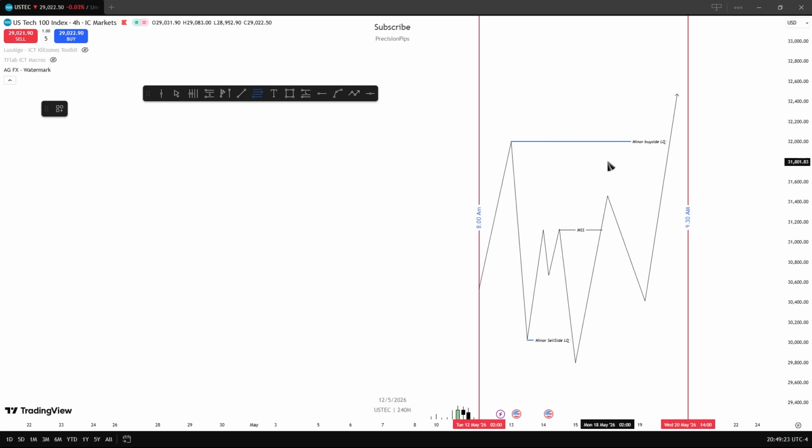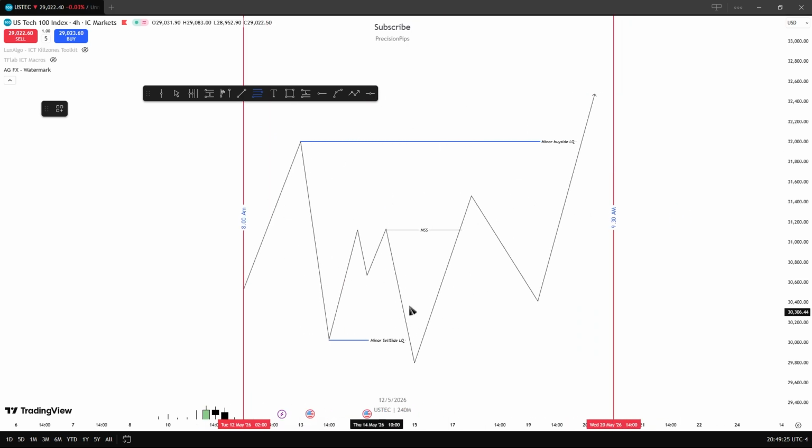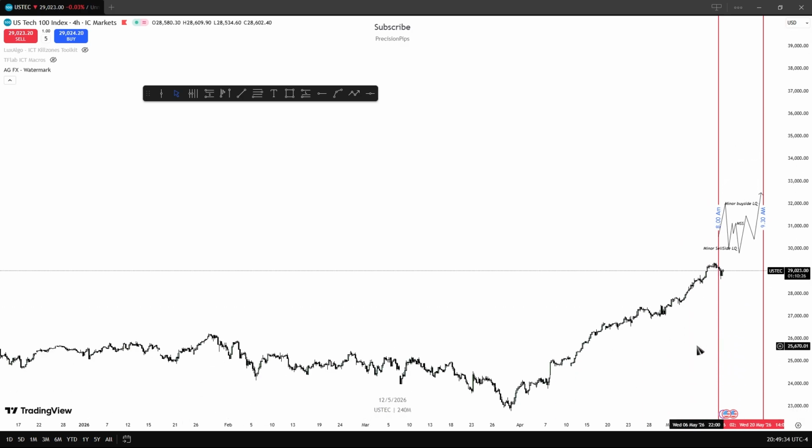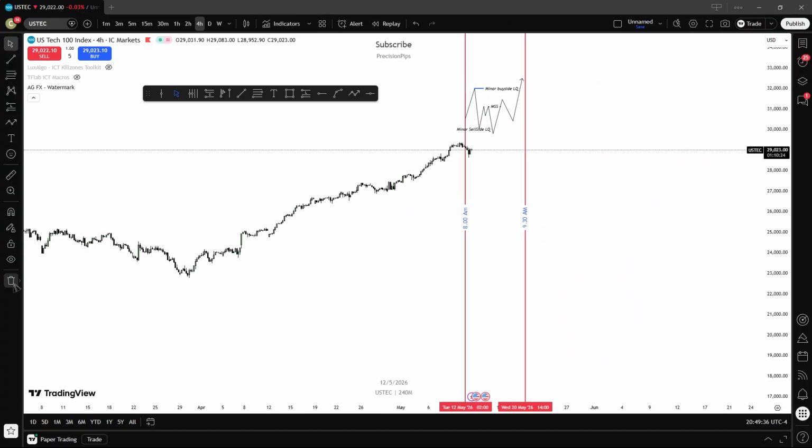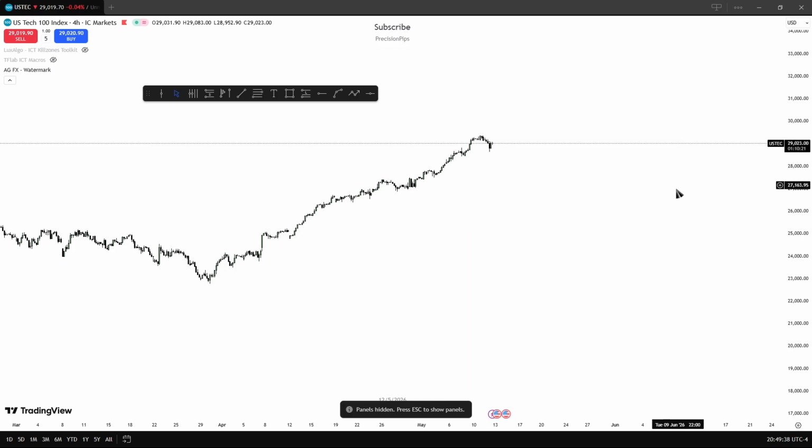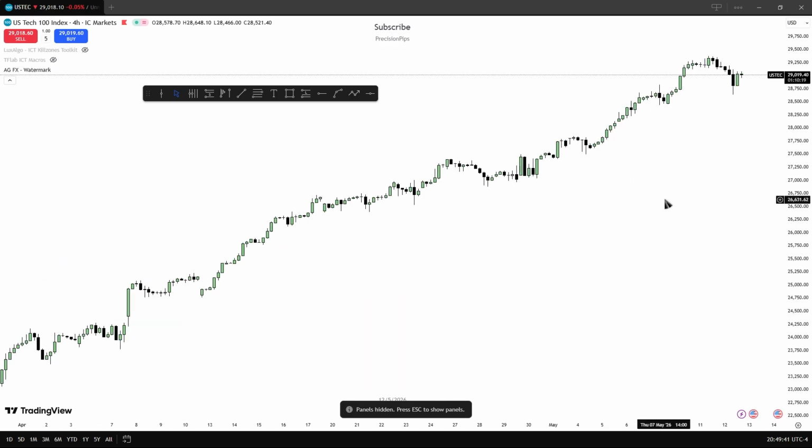So let's go into the chart and retest this model on the Nasdaq for the market today. Let me delete all of this. So we got 1 minute.